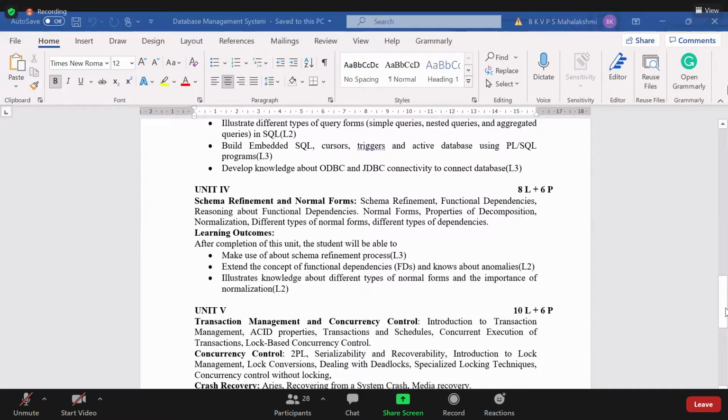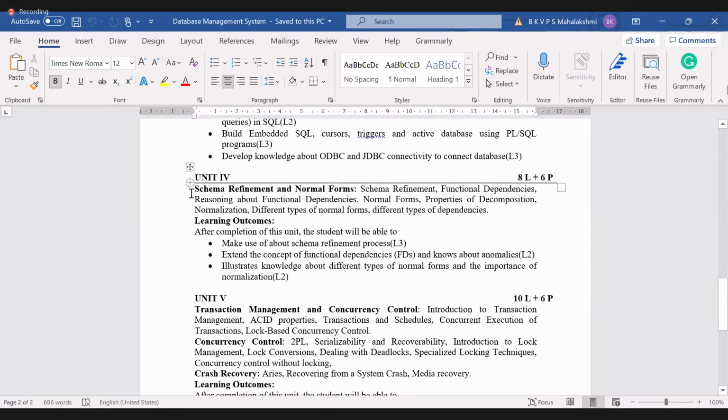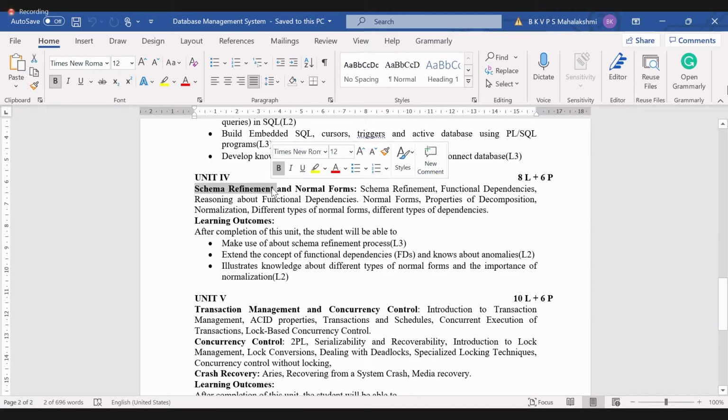The fourth module is completely about schema refinement and normal forms. This normal forms concept is used in the procedure of schema refinement. So what is schema refinement? Refining the schema is called schema refinement. This is the simple definition.